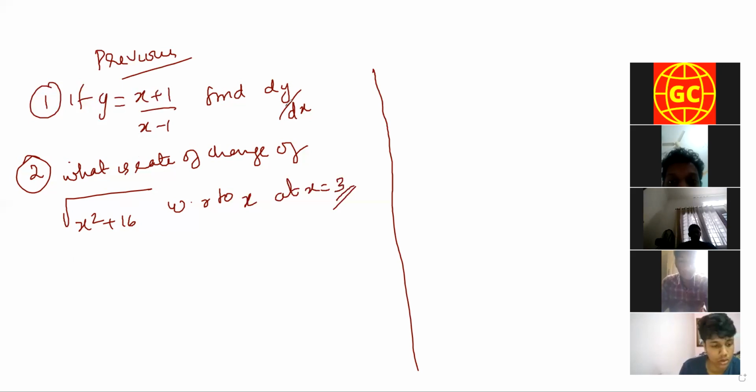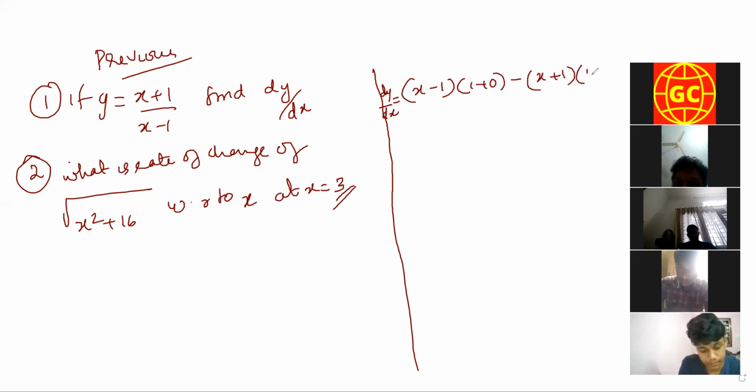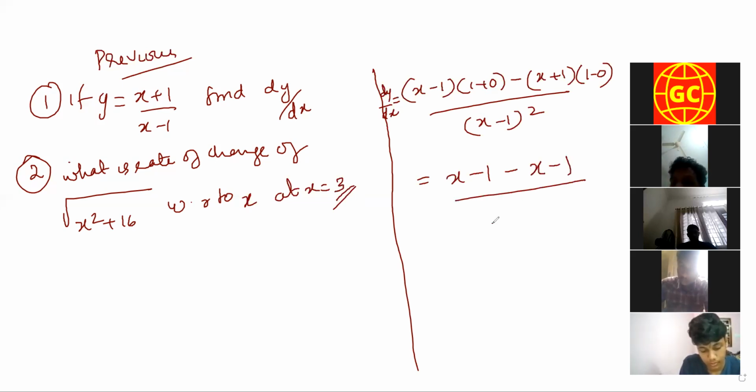Apply the quotient rule and give me the answer. dy by dx equals denominator into derivative of numerator minus numerator into derivative of denominator, by denominator square. So that is (x minus 1) minus (x plus 1) by (x minus 1) the whole square. So x minus x will go, minus 2 by (x minus 1) the whole square.